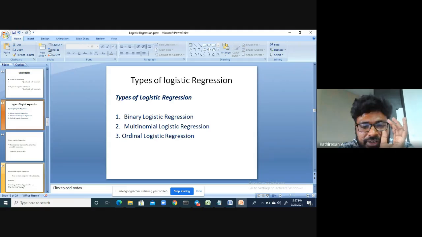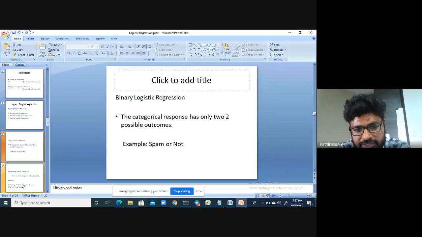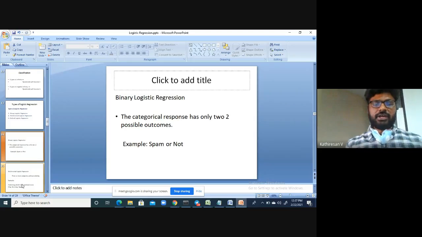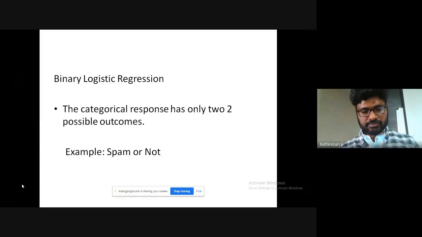Another type is multinomial logistic regression. In binary logistic regression, the categorical response has only two possible outcomes. Example, spam or not spam, whether it is a spam or not.